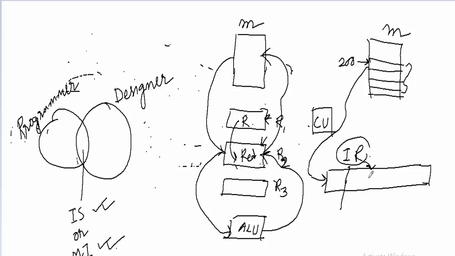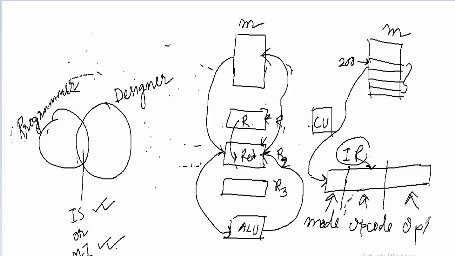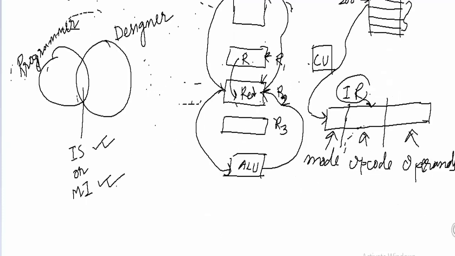One part is called the mode, another is called the opcode, and this part is called the operands.